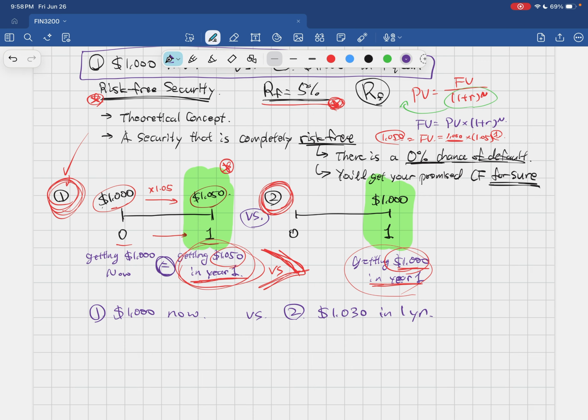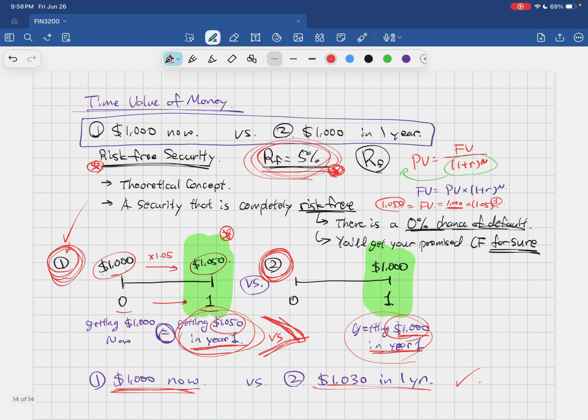Now it's a little bit tricky. Without the risk-free rate, you can't just look at this and say which one is clearly better. You need to know the risk-free rate to make an assessment. That's the time value of money.